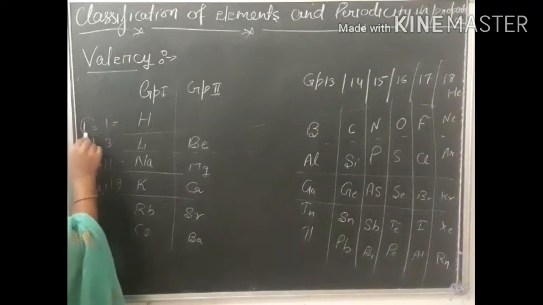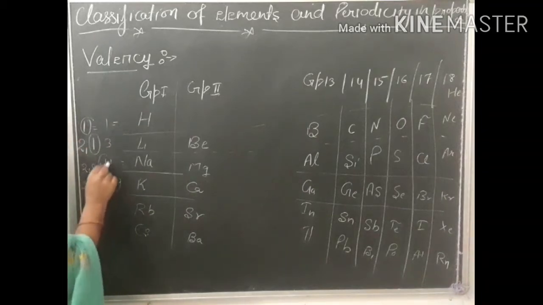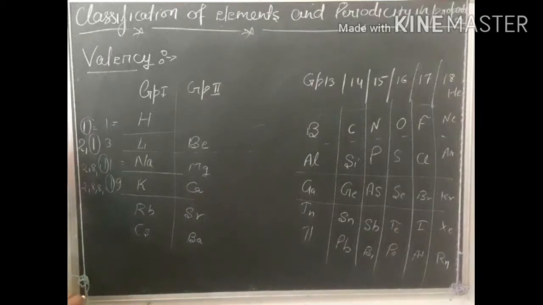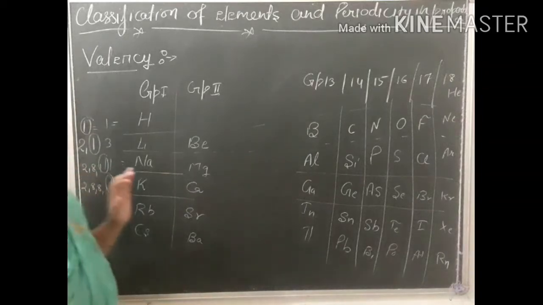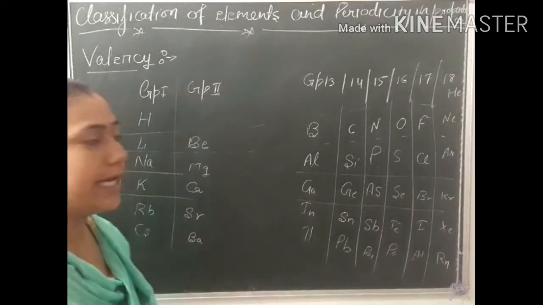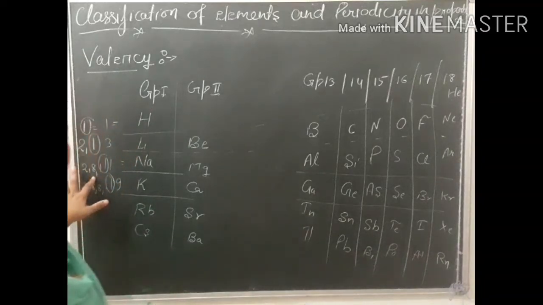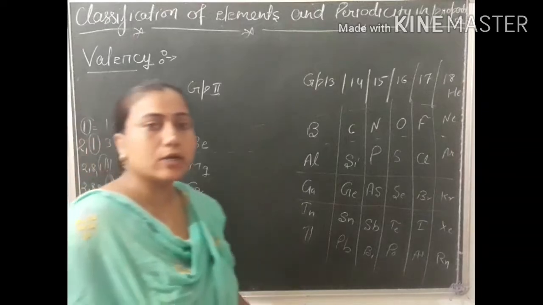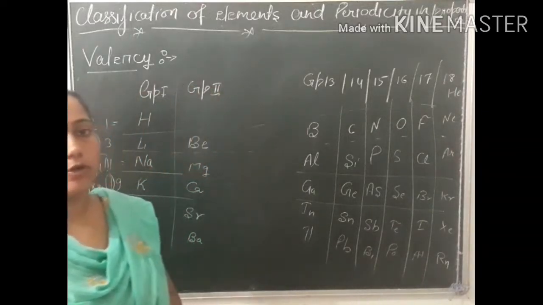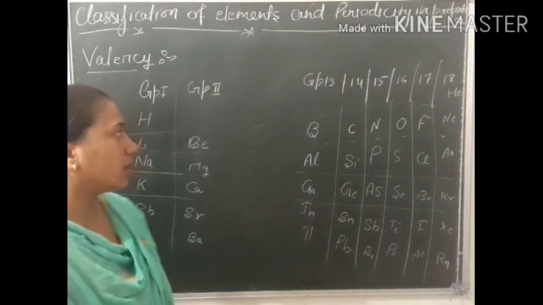So we see that in their outermost shell only 1 electron is occupied, and so it can lose only 1 electron to acquire noble electronic configuration. To become stable or achieve noble electronic configuration, the elements lose or gain electrons.